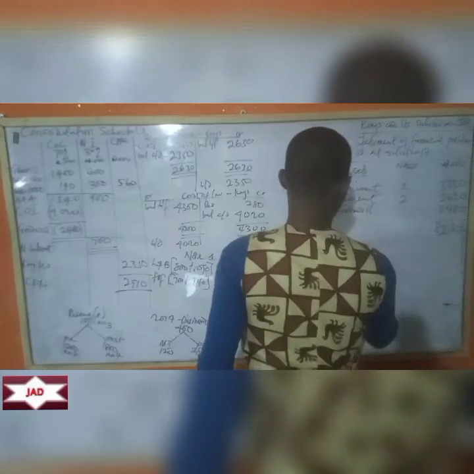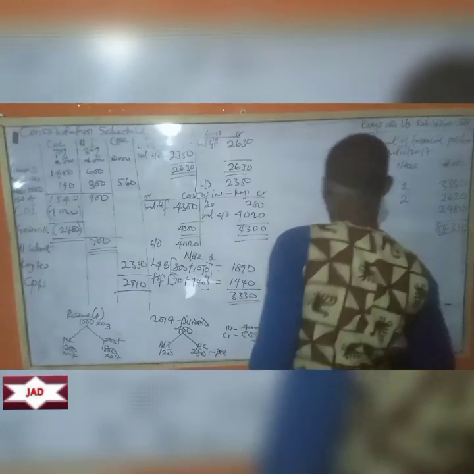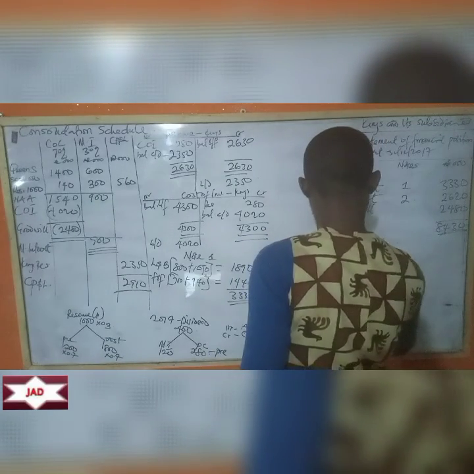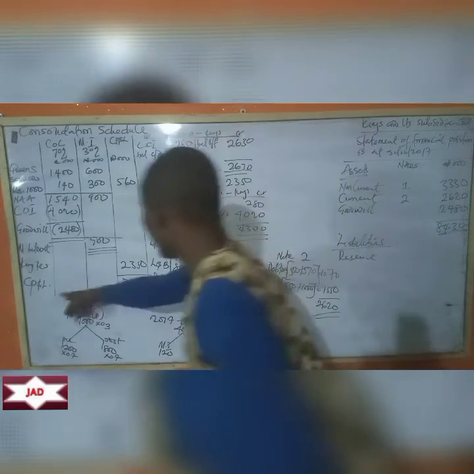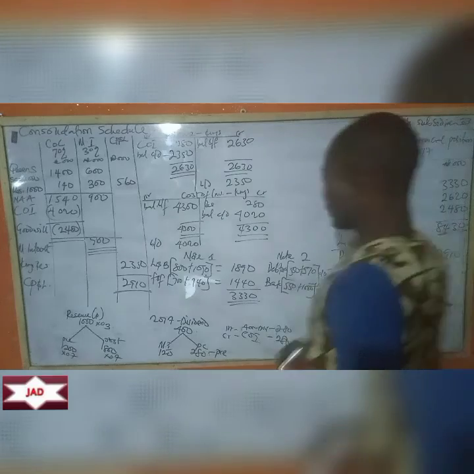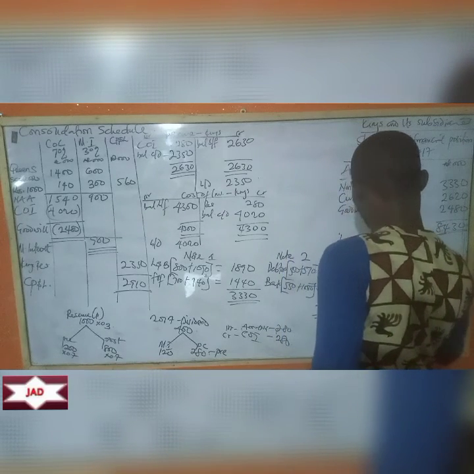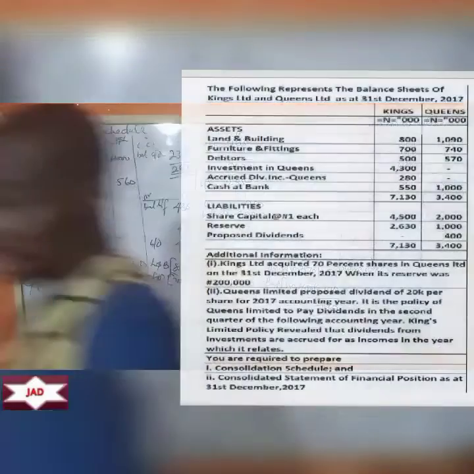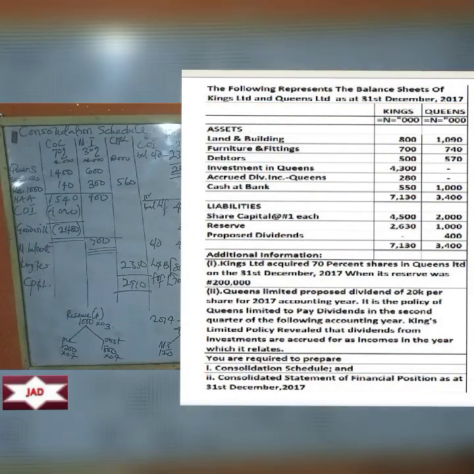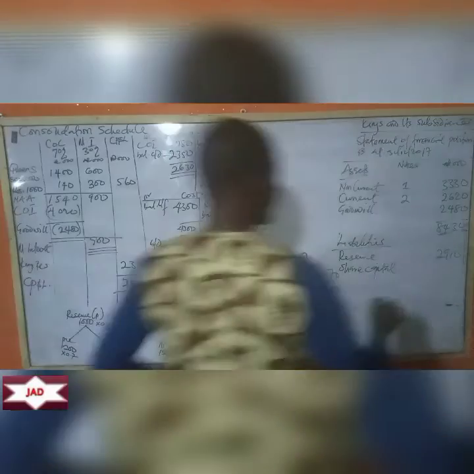So let's go to liabilities now. What's the reserve? Reserve here is 2910. Share capital. Holding company share capital is what? 4500.